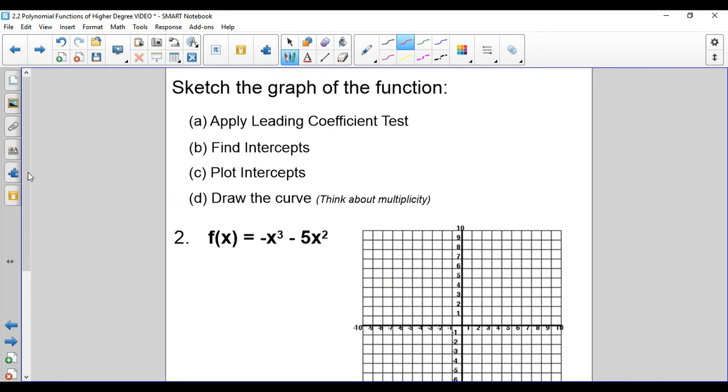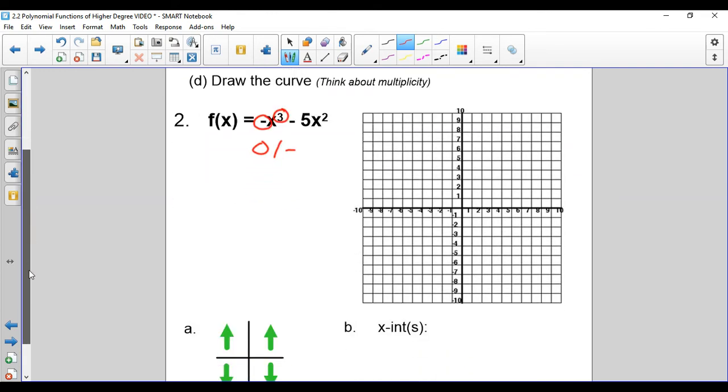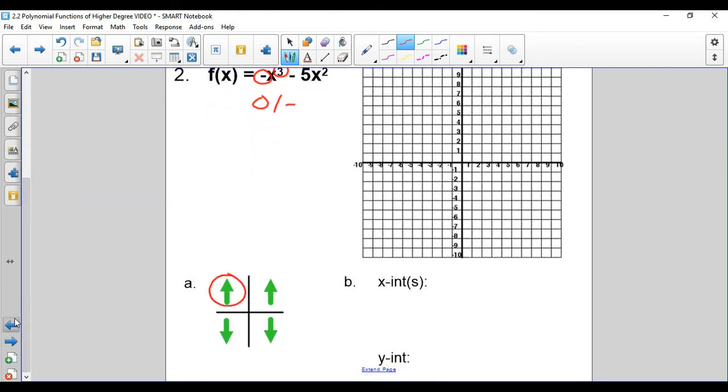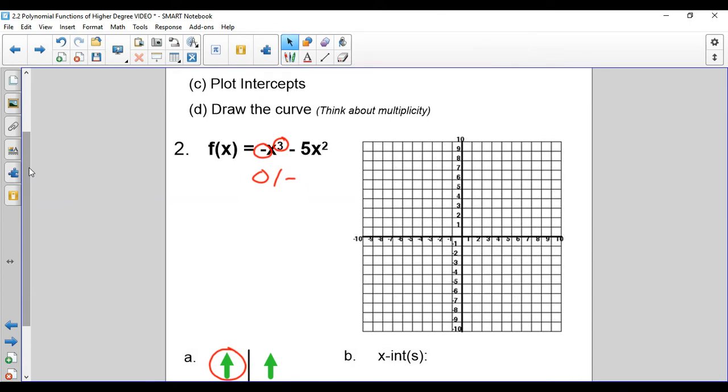Looking at another example. We have an odd function as your biggest exponent. We have a negative out front. So it's odd and negative. That flips the end behavior. So we're going to start up and we're going to work our way down, left to right. I'm going to hold off on drawing the arrows in because you saw how rough my graph looked in the last one.